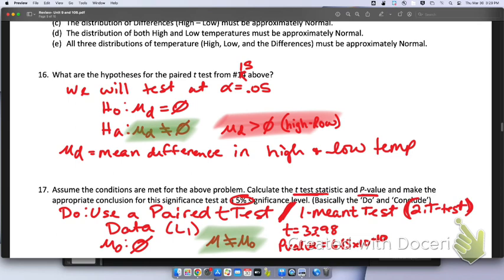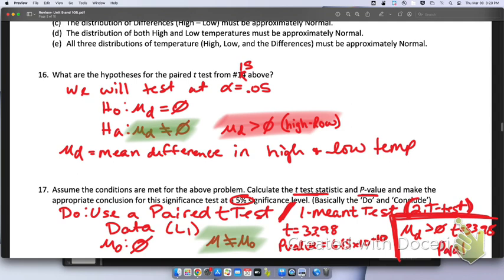If you had selected the greater than 0, okay? If you had selected that mu sub d was greater than 0, then you would still get a t-test statistic of 33.98 because that's how far away from them being equal to 0, but your p-value would be half.